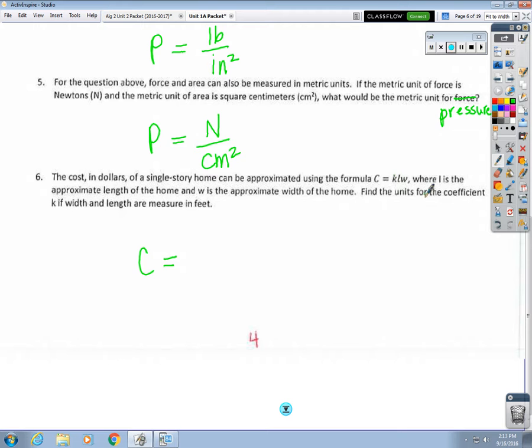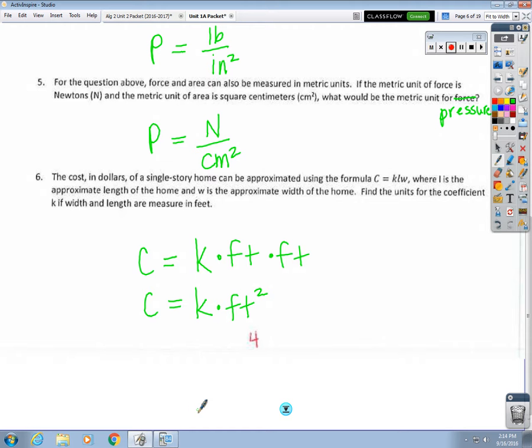No, they want us to find the units for K. So right now K just has to stay as itself. Now, they told us length and width are measured in what? Well, that's two different things. So isn't that basically feet times feet? That's for the length and that's for the width. But you would take it a step further and write K times feet squared.